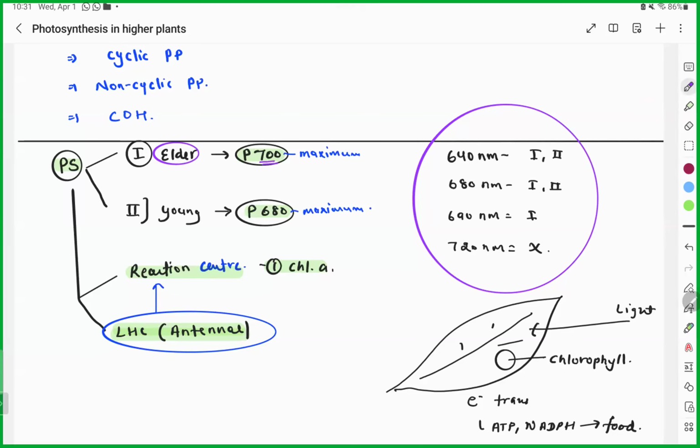The maximum potential is 680, but below 680 both can work. Between 680 and 700 only the elder one will work, and above 700 no one will work. Very, very important. Understood? And here you might get a difficult question from this part.